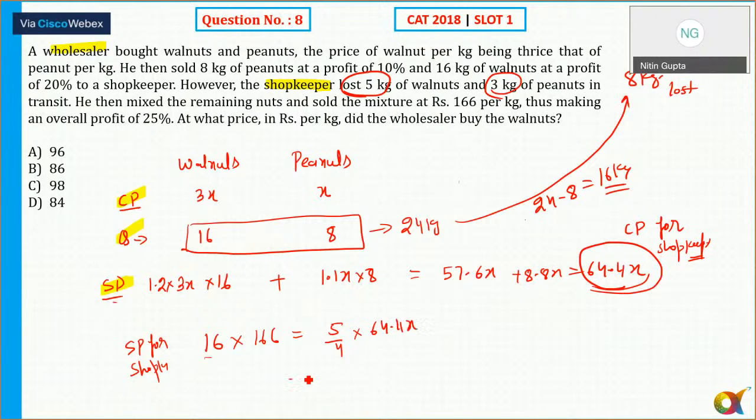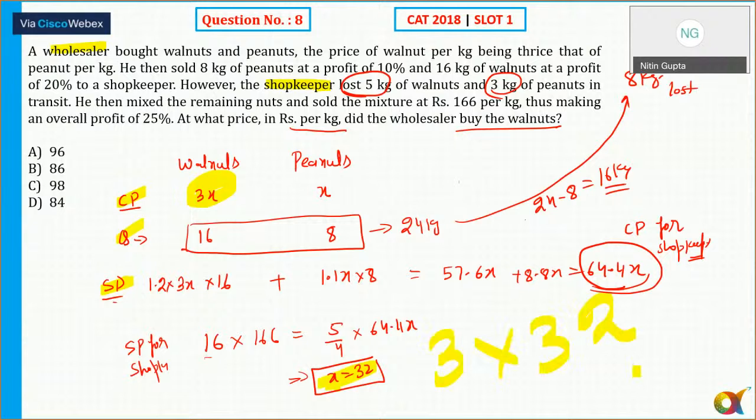So now just equate these and you'll get x is equal to 32. And once I get x equal to 32, the question is, at what price in rupees per kg did the wholesaler buy the walnut? So he bought walnut at 3x and x is equal to 32. So 3 into 32 and the answer will be 96. So the option number A.